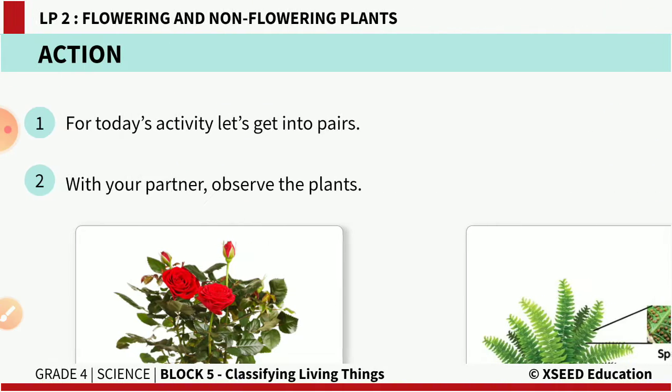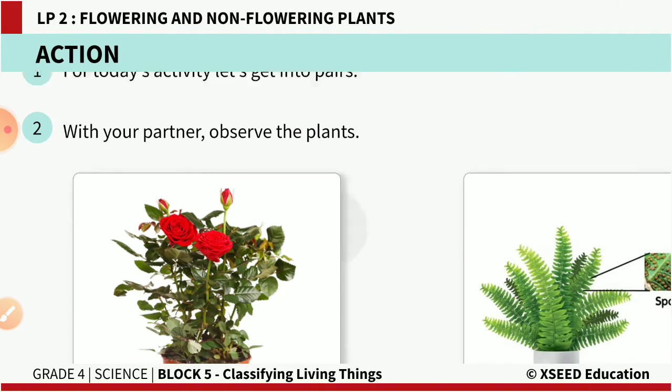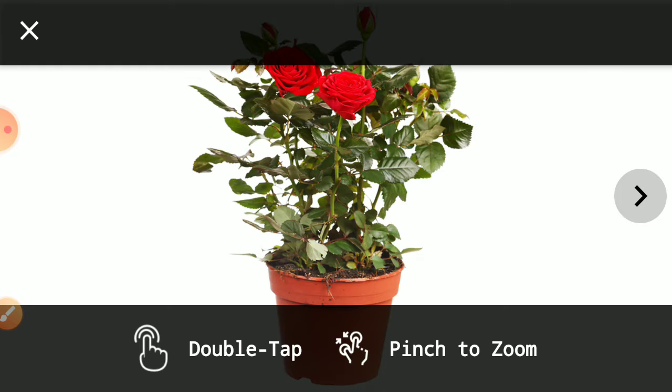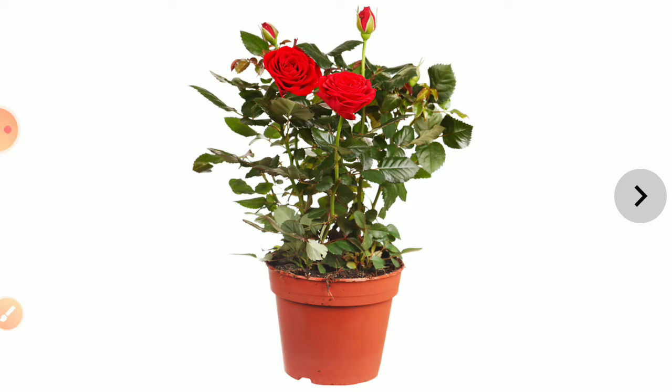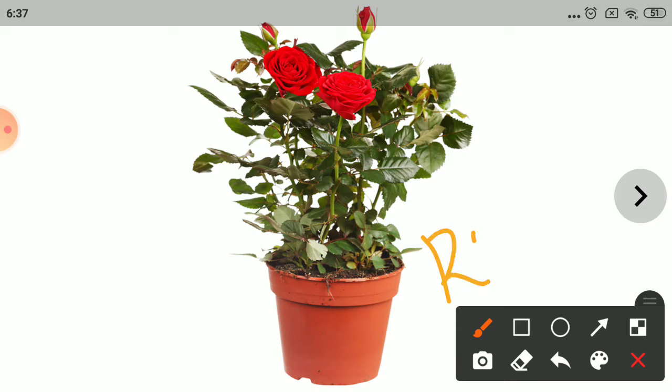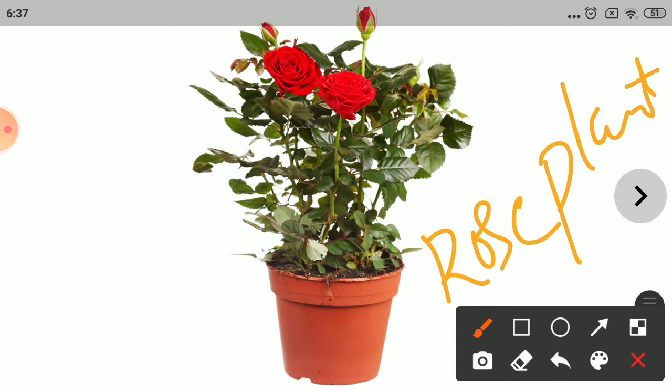Now observe the pictures carefully, children. This you know very well, a beautiful plant which gives beautiful flowers. This is your rose plant. Now observe this clearly.